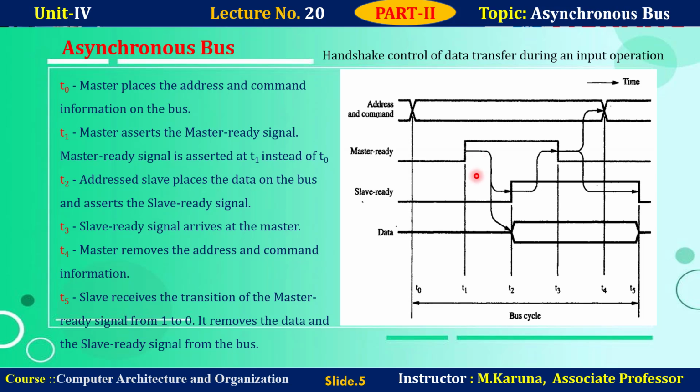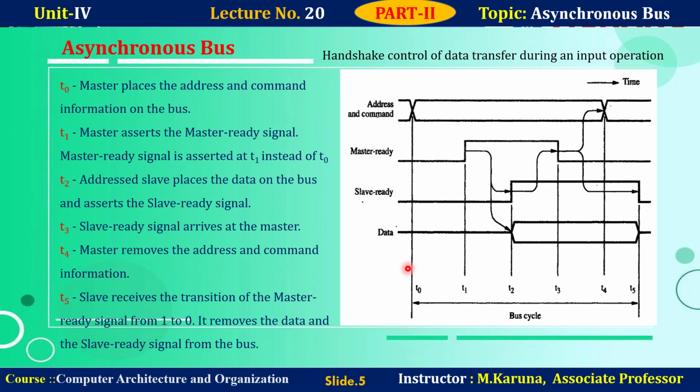Let us see how the data transfer takes place between processor and input device with the help of the asynchronous bus. See, this is T0, and this is T1, T2, T3, T4 and T5.